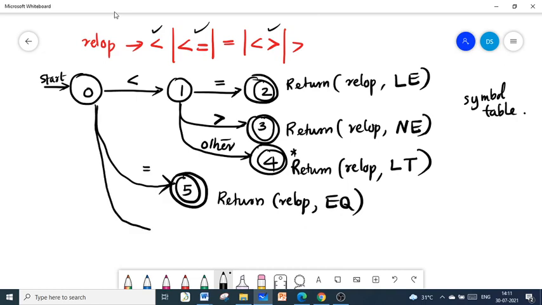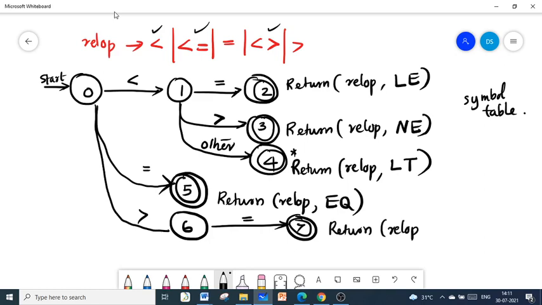Then greater than or equal to. So greater than is here, equal to here. So it is given like this, 6 and 7. Then return relop greater than or equal to.